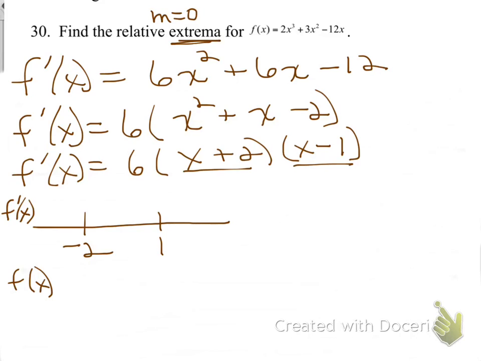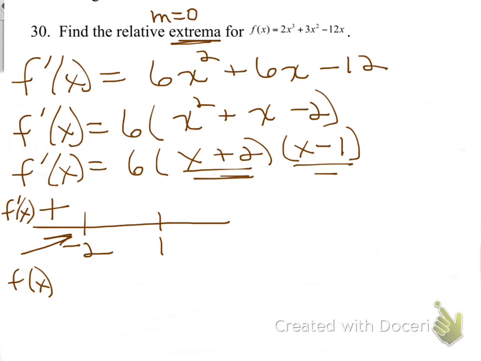So if I pick a number to the left of -2, so let's pick like a -3, and what I see is if I plug a -3 in, this will be negative, this will be negative, negative times negative is a positive, my function will have a positive slope there, and that means my function will be increasing.